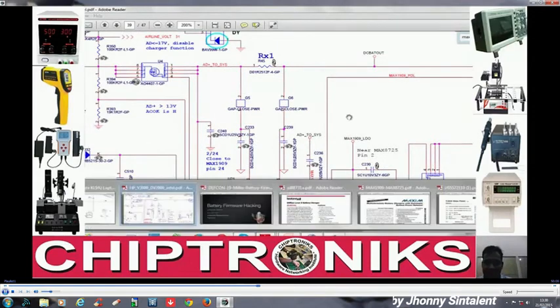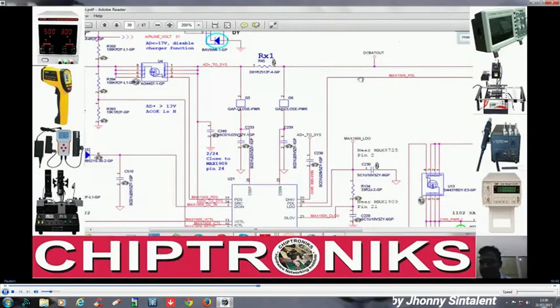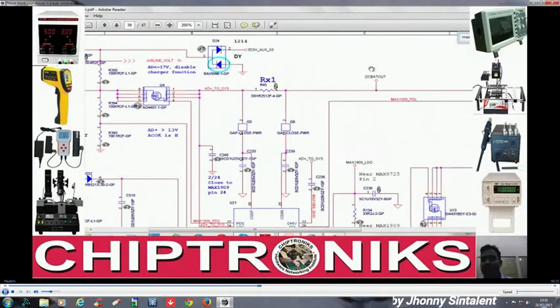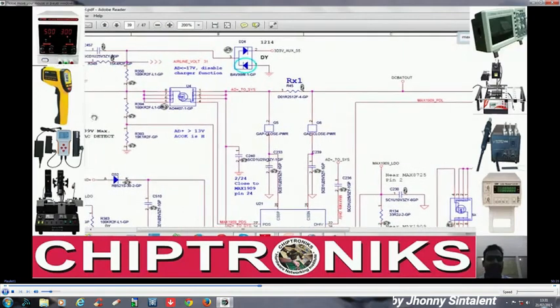Here it's more protection. The DC bat out is no more controlled by the charger IC. You can see it's no more controlled by the charger IC in the DV2000 schematic. AD plus is coming over here and it has no effect from this charger IC.